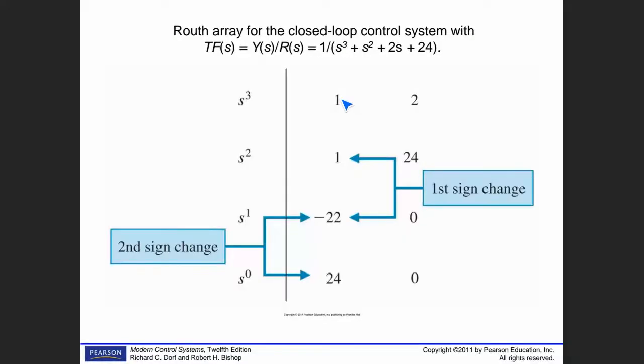Multiply 1 by 2 minus 24, divided by 1, then you obtain minus 22. So one change in the sign tells us there is one pole in the right-hand side, and another change occurs here. So there are two poles. So the system is not stable.